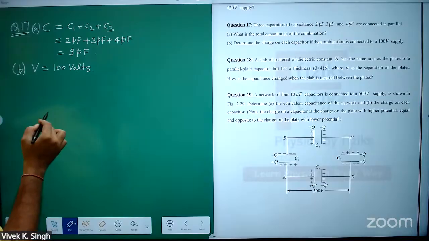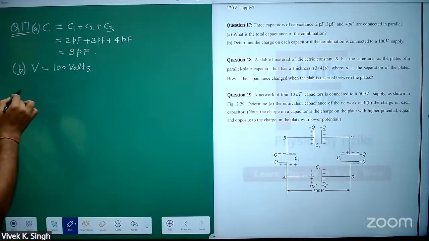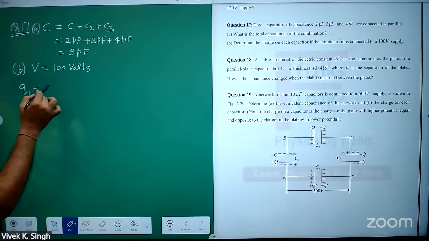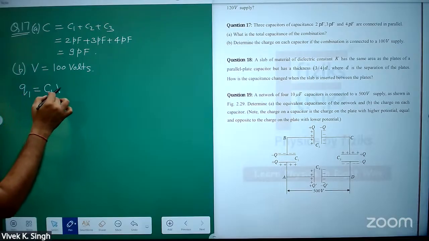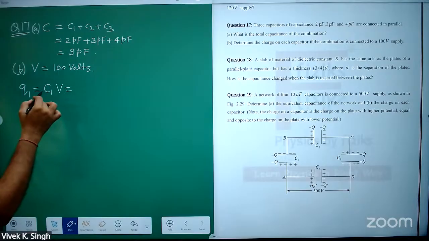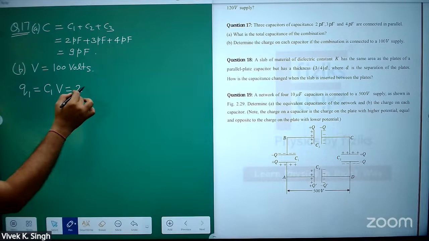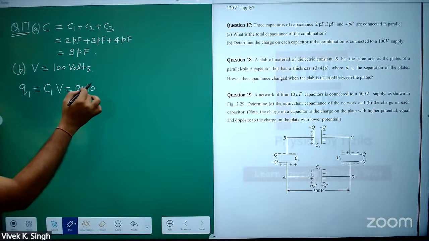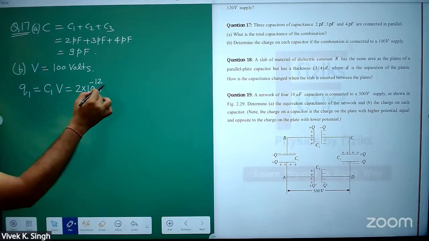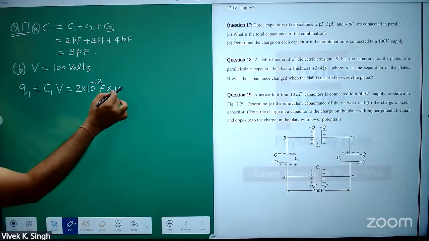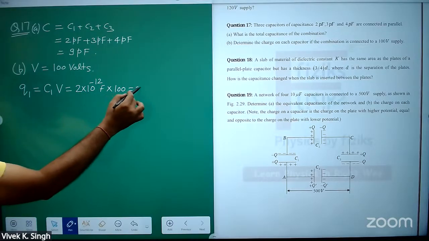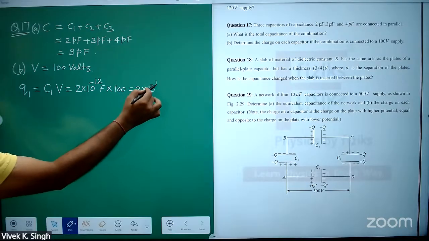So what will be the charge on each capacitor? Q1 will be C1 into V, because the potential is the same. C1 is 2 picofarad, so 2 into 10 to power minus 12 farad into 100. This will give you 2 into 10 to power minus 10 coulomb.